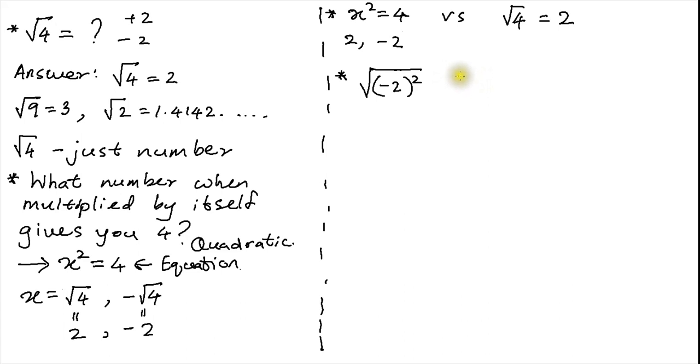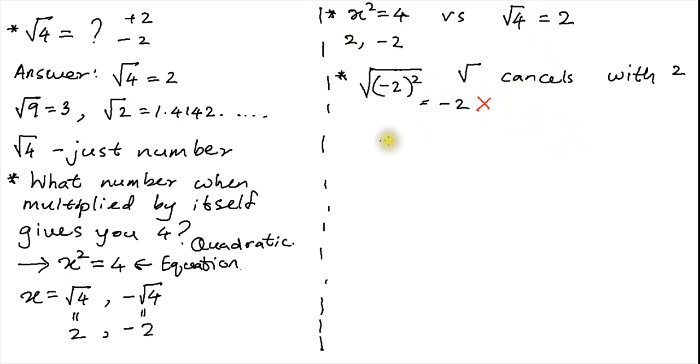Many of you would say, okay, the square root cancels with the power 2, so you say this will be equal to negative 2, but this is actually not correct. This is wrong.